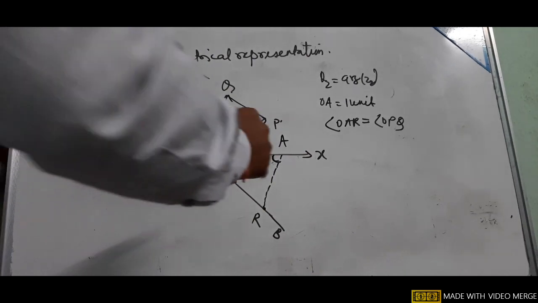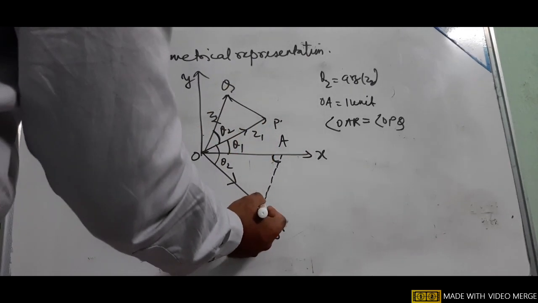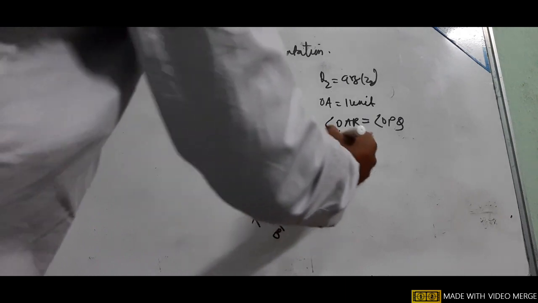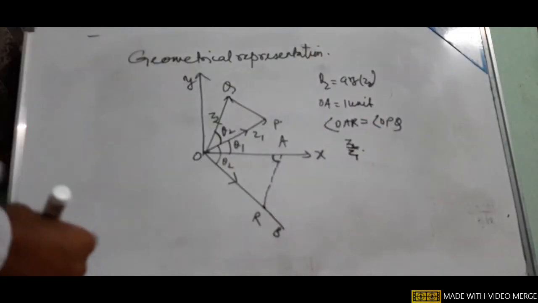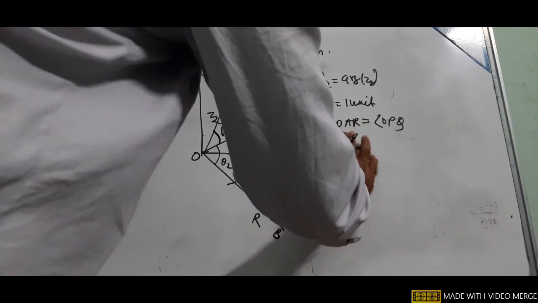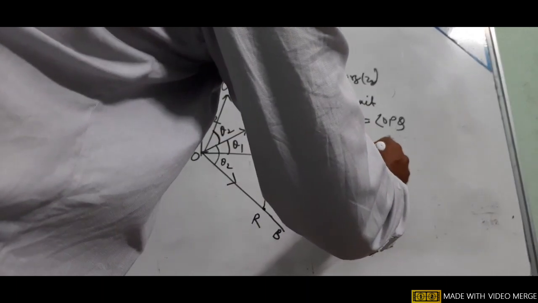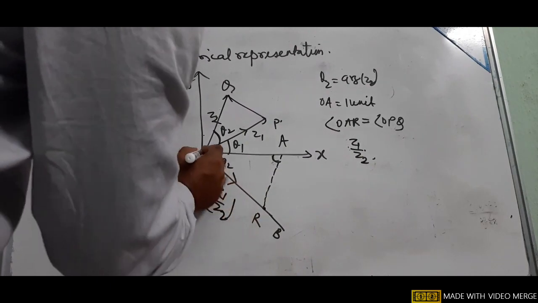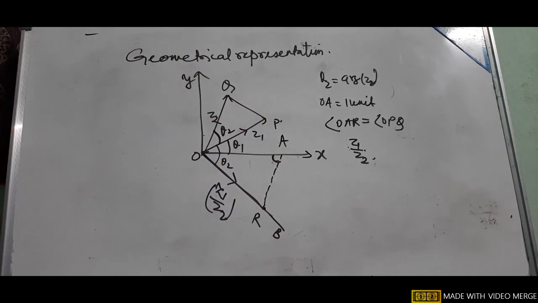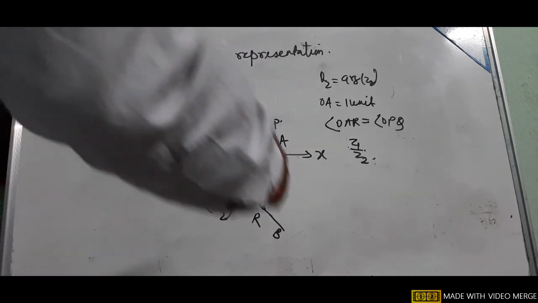So as a result, this point R corresponds to the quotient z1 by z2. This represents z1 by z2. So these two triangles are similar triangles.